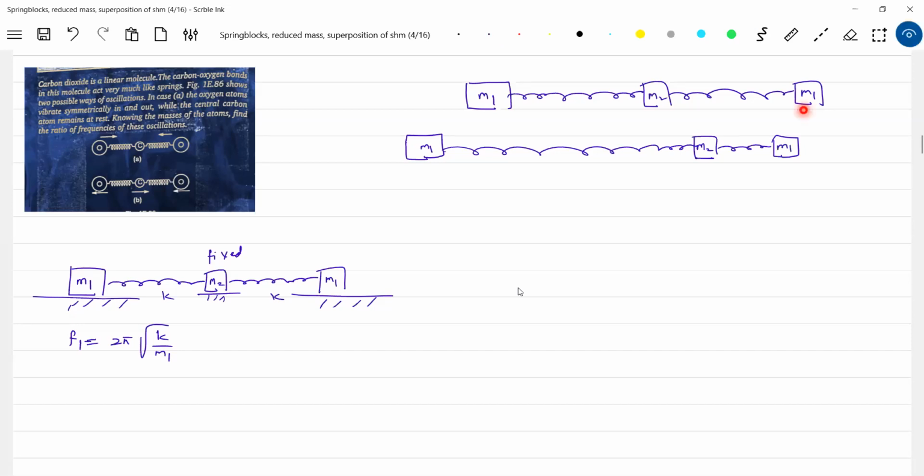Sir, why are you displacing? The way the arrows are given, based on those arrows I have displaced them.